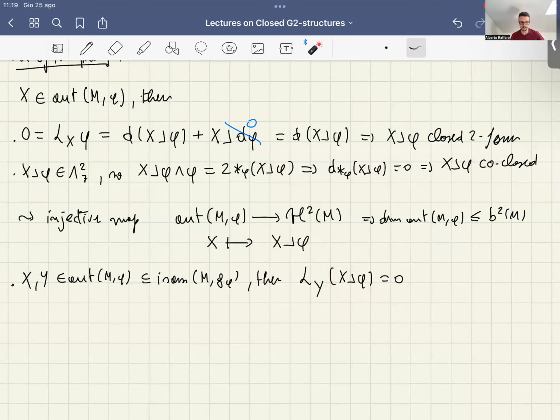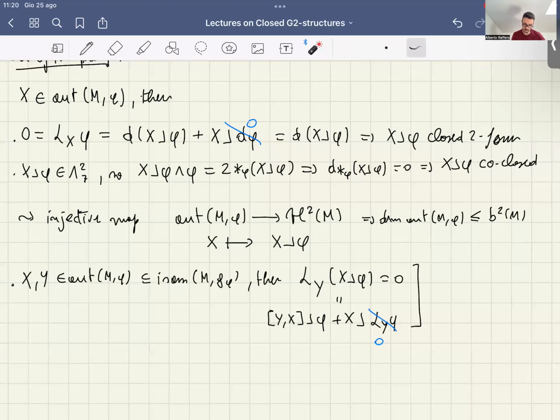And so from this, by applying the interplay between the Lie derivative and the contraction, at the end of the day, you will get that this is equal to the contraction of the bracket of Y and X with phi plus the contraction of the Lie derivative of phi with respect to Y with X. But again, this is 0 because by hypothesis, Y is an infinitesimal automorphism of the G2 structure.